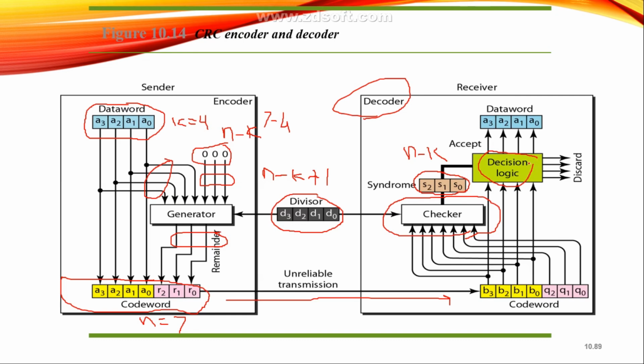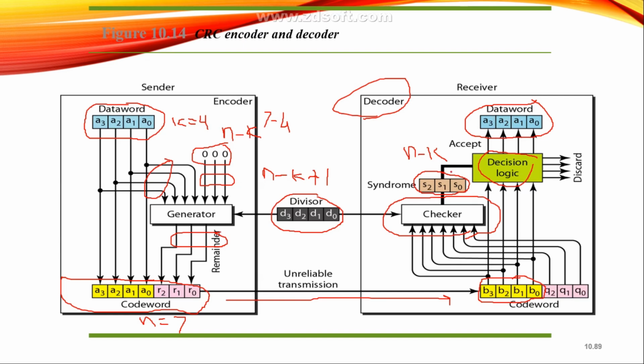Now this decision logic analyzer has a simple function. If the syndrome bits are all 0, if these 3 bits are all 0, then the four leftmost bits of the code word, this one, B0 to B3, are accepted as the original data word, that is A0 to A3, and it interprets as no error.